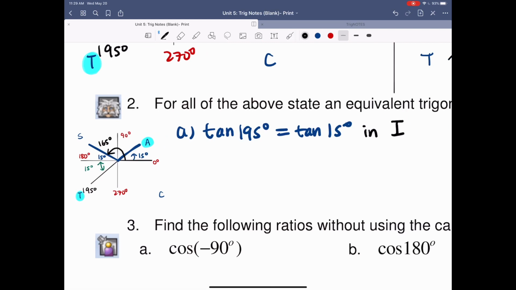So I'm going to write down the next part as equals tan 165 degrees, which is in quadrant 2. But I can't leave it that way because my tan ratios are not positive over here or here. So all I have to do to change this is put a negative in front of that.